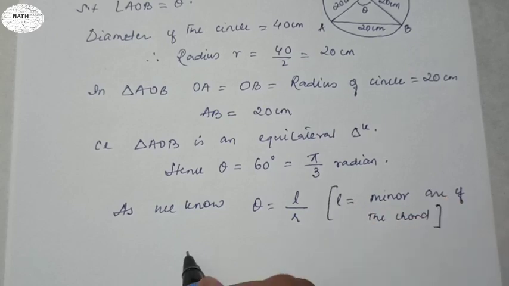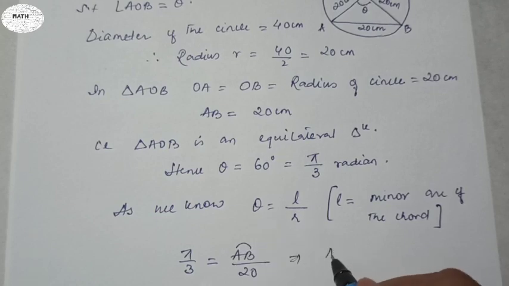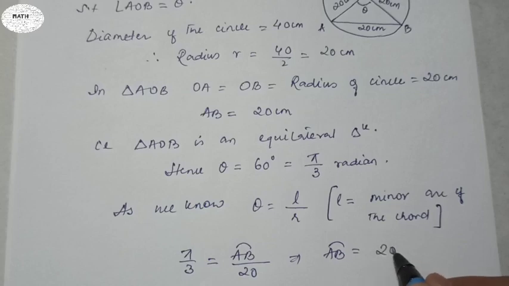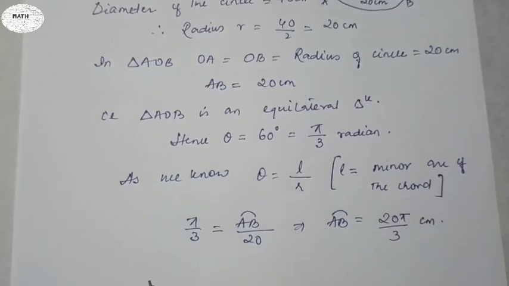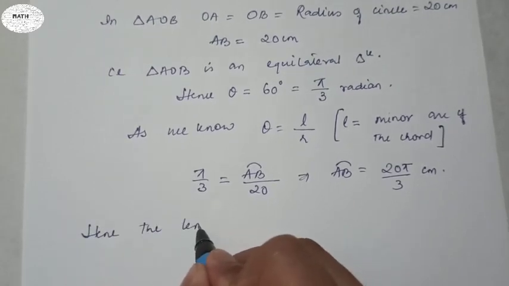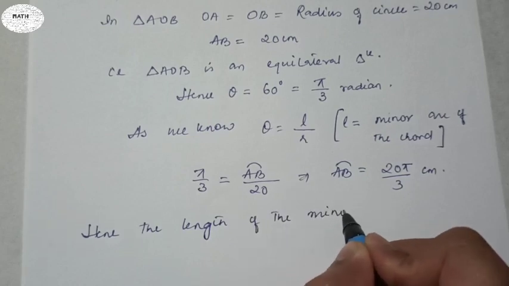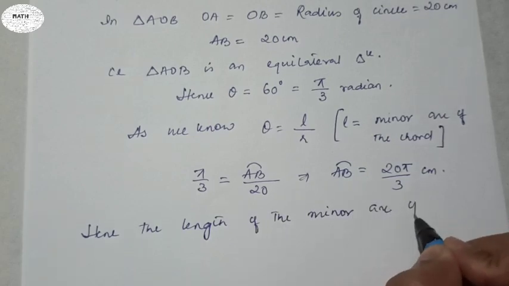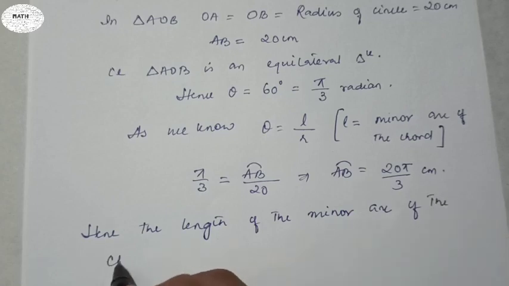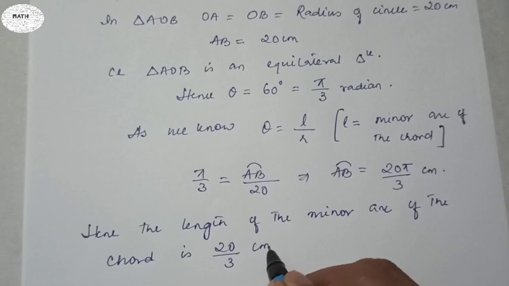So pi by 3 is equal to AB, that's your minor arc, divided by 20. So I get AB to be 20 pi by 3 centimeter. So your answer would be: the length of the minor arc of the chord is nothing more than 20 pi by 3 centimeter.